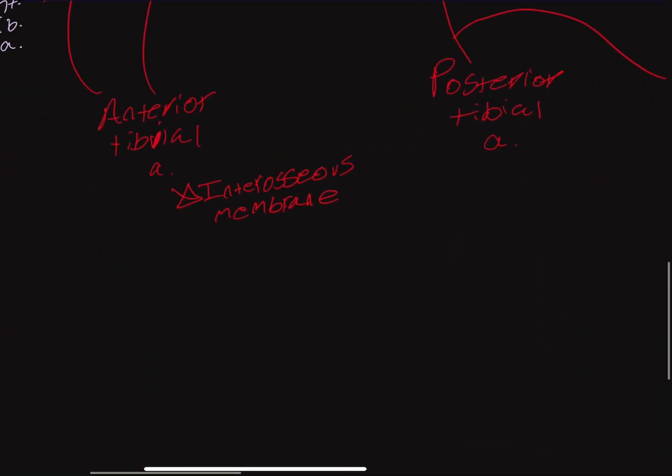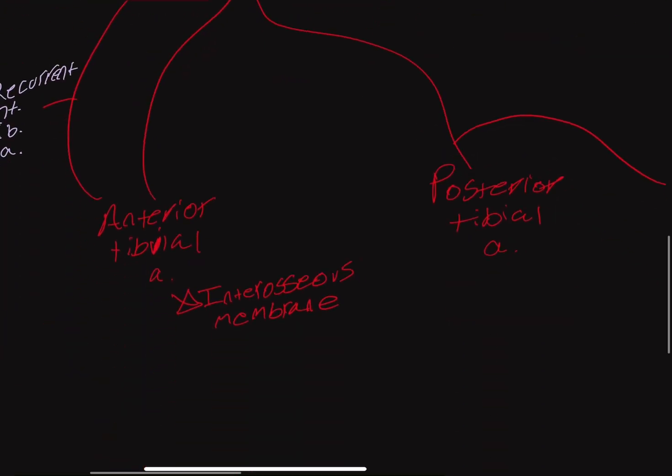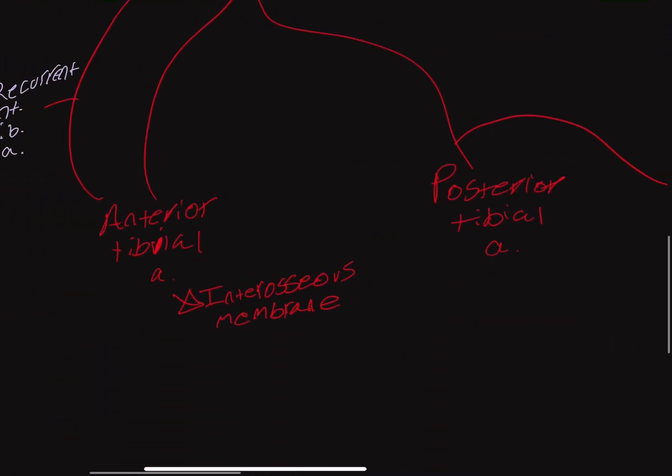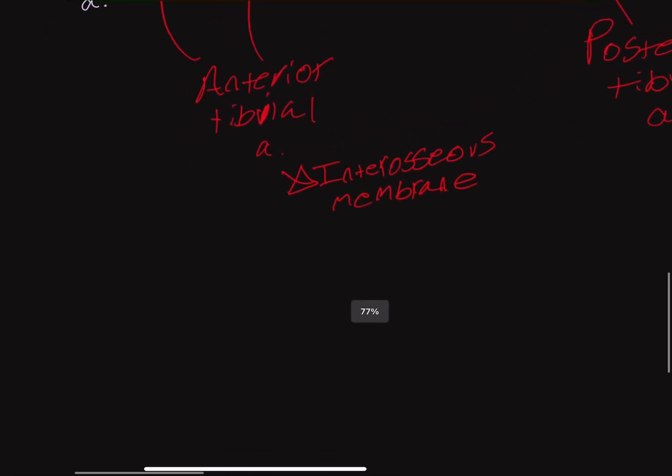Okay, so you have your anterior tibial that comes from the popliteal, you have your anterior tibial, your posterior tibial, and your peroneal. Right? So we'll start with the anterior tibial.